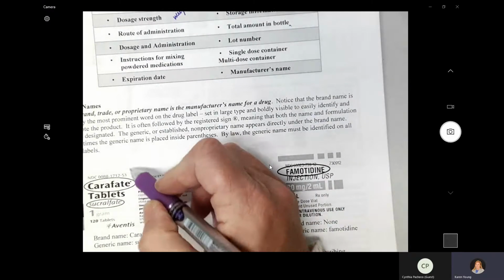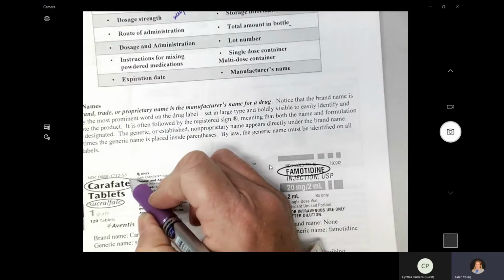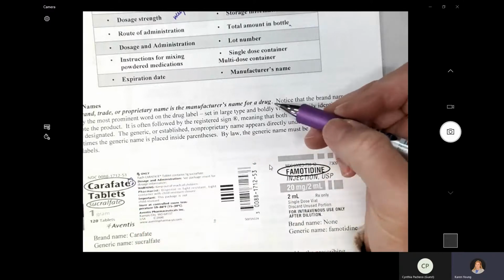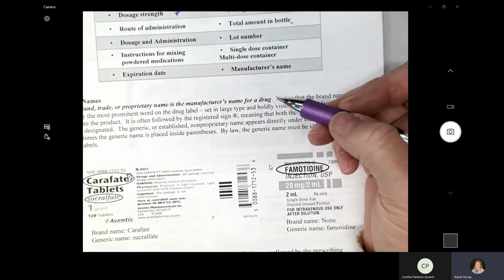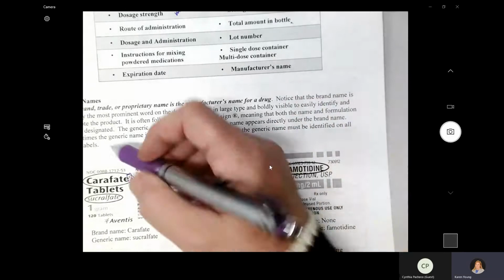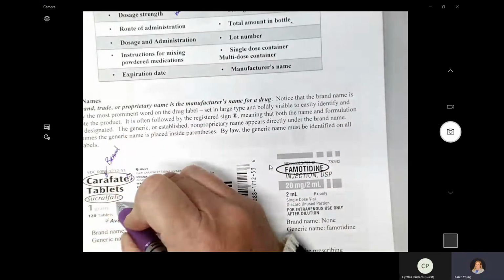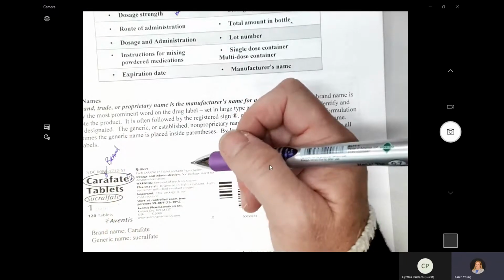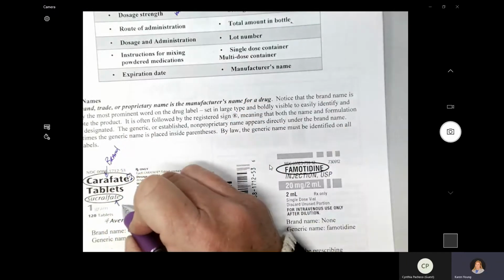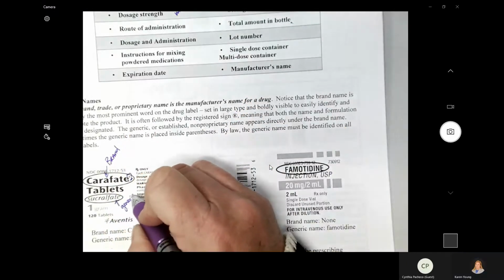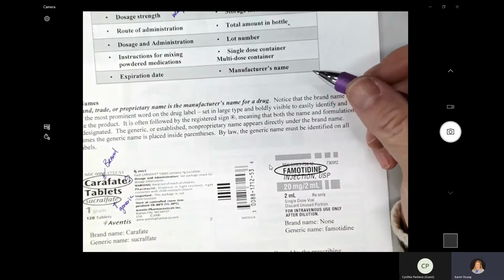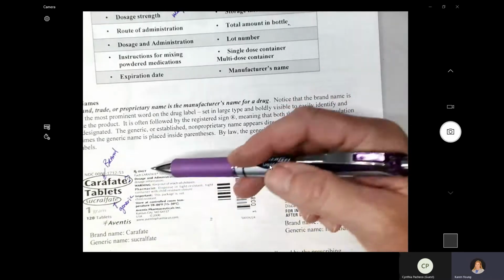The example I have down here, Carafate, is my brand name. It has the R, that little letter right there. That means it's a registered symbol. So this would be my brand name. And this, I can't say that word today, is my generic name. Those are the two easiest things to identify.